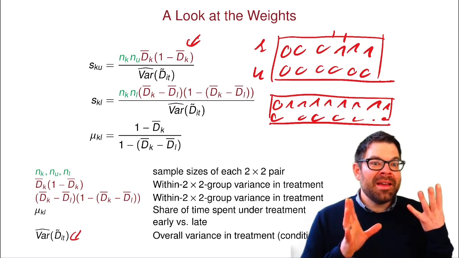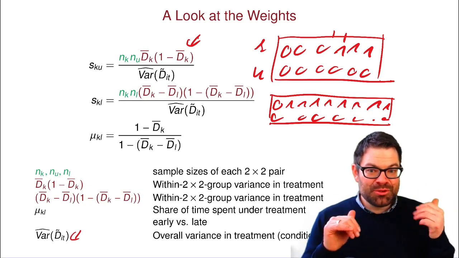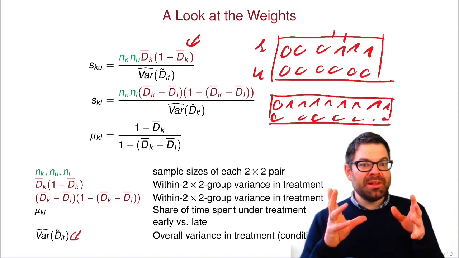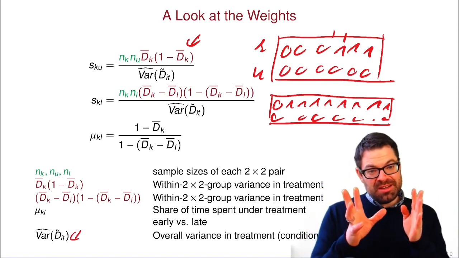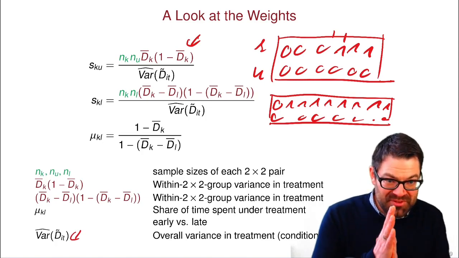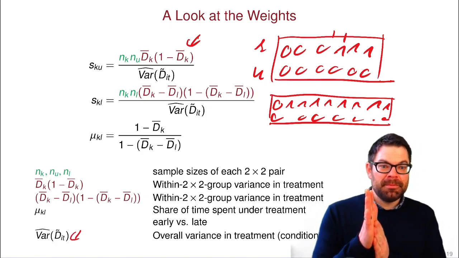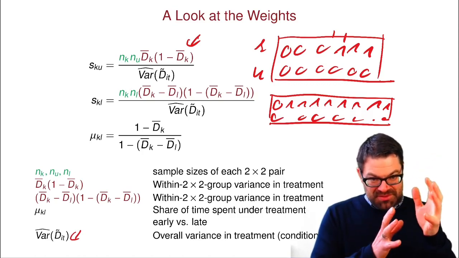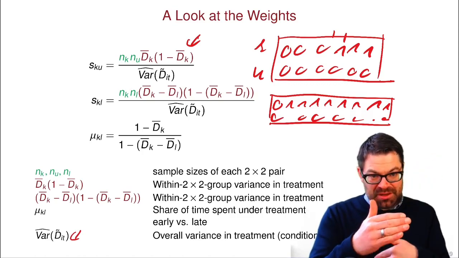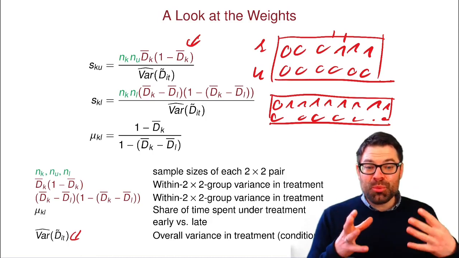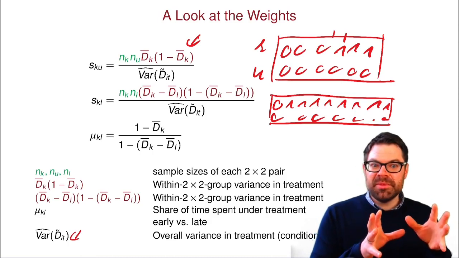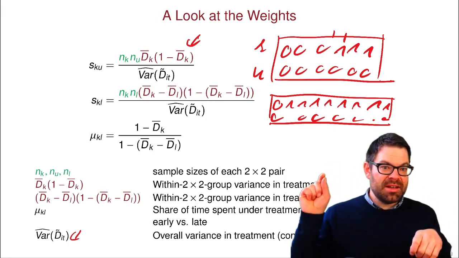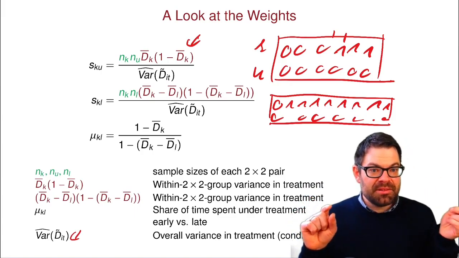Yeah? And we will also show this with a numerical example, that if a group is treated in the middle of the sample period, that 2x2 comparison with that group versus another group gets a larger weight in the estimator than a group that gets treated at the start or at the end.